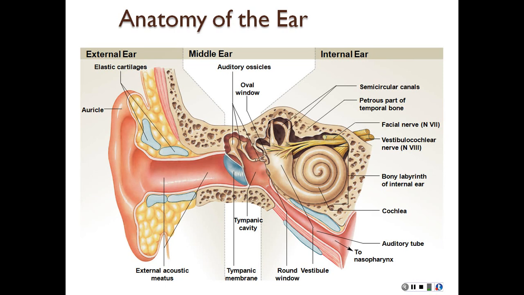The cochlea is the organ of hearing. No, for hearing. The cochlea is for hearing. The vestibule, the whole vestibular apparatus, is for equilibrium.